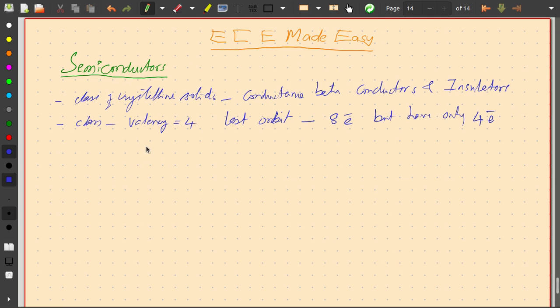That means there is a vacancy of 4 electrons, and hence the atom is not stable.